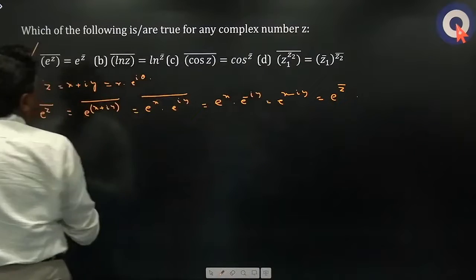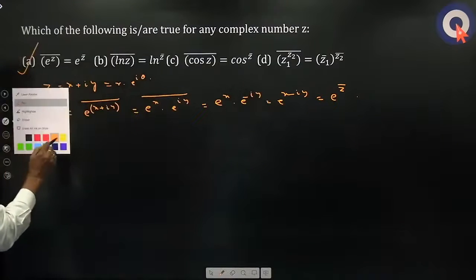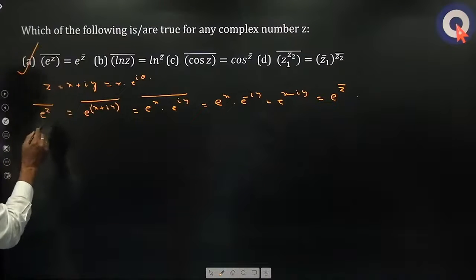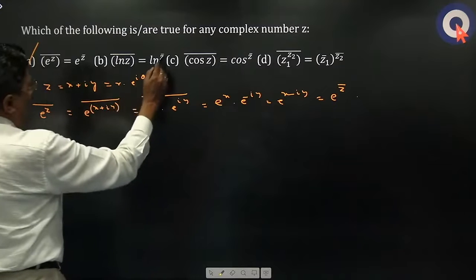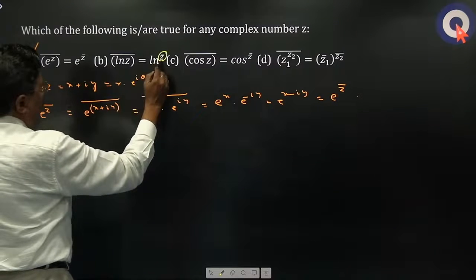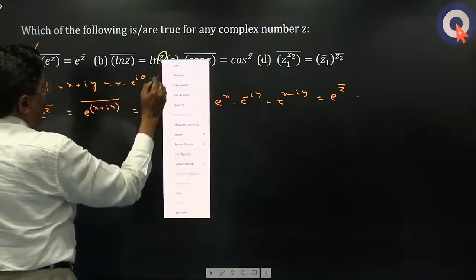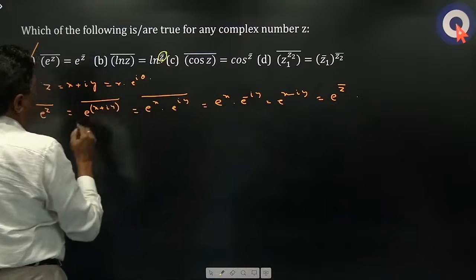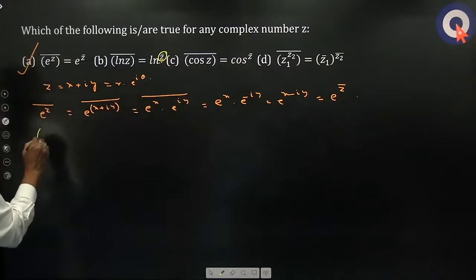Next, option B. Here, just write this as log z bar. So the question is log z bar.